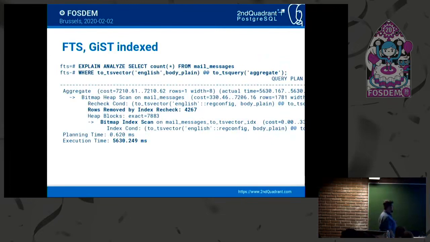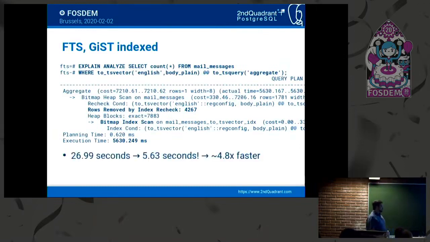So it is a bit slower than it could be. It's not optimal for this sort of search. The execution time was only 5.6 seconds, so about 4.8 times faster than not using an index. It's still slow because it's not the suitable index type for this search.